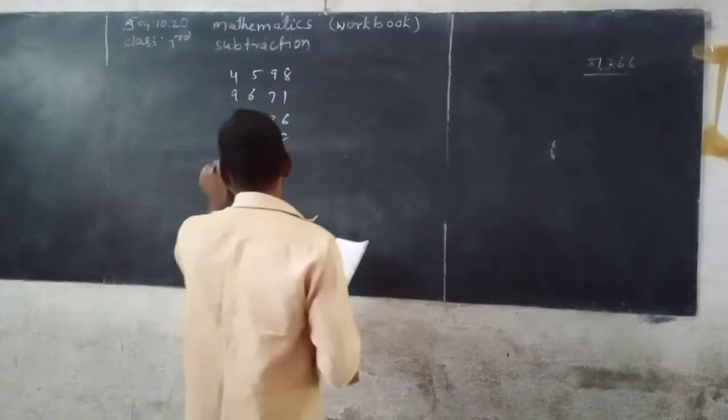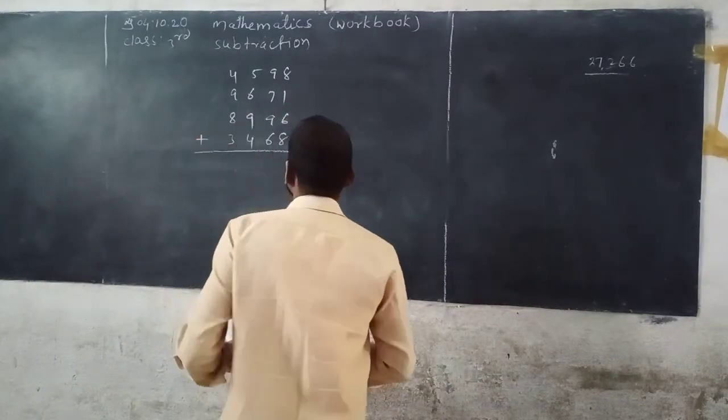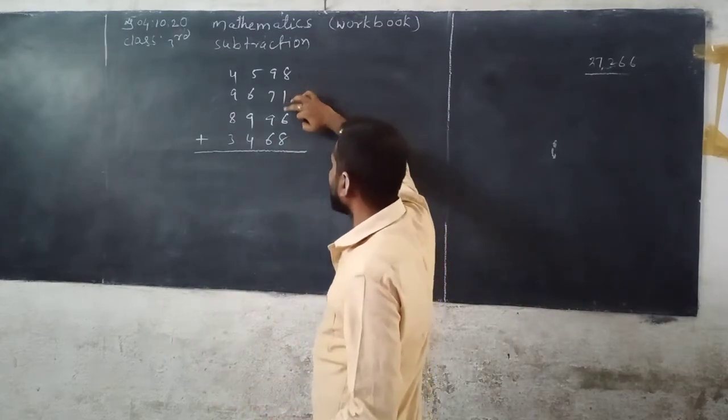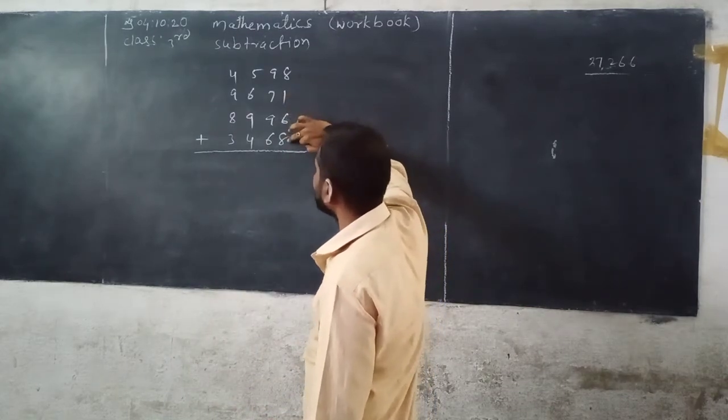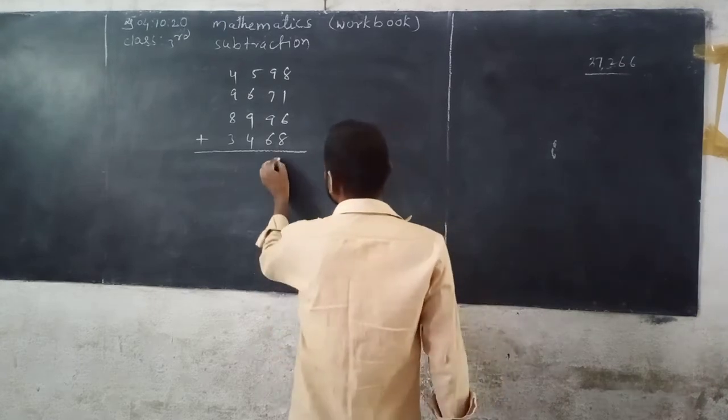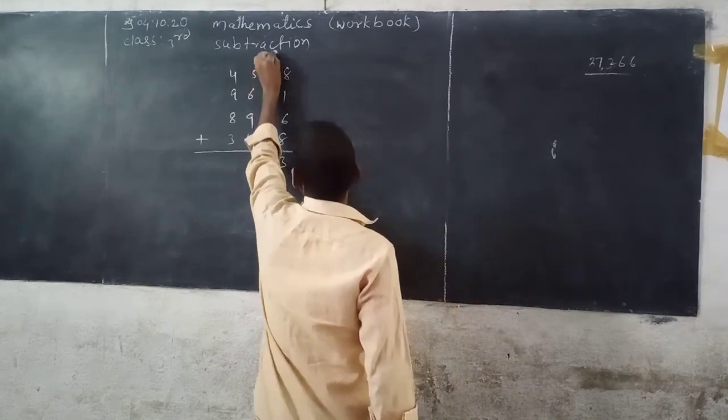See here, 8 plus 1, 9, 9 plus 6, 15, 15 plus 8, 23, 3 taking, carrying 2 to tens place.